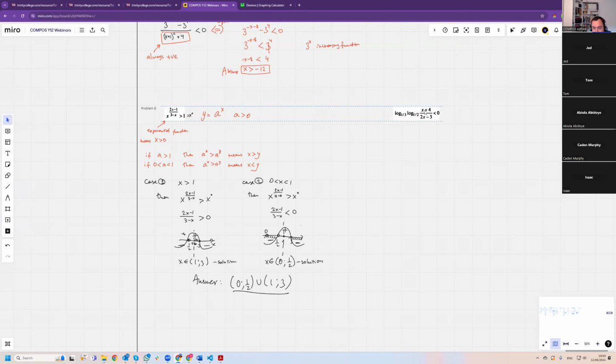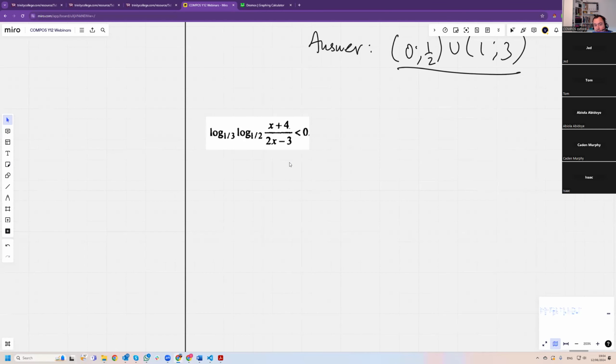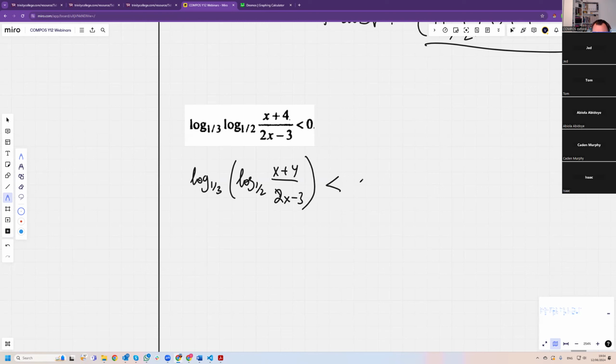The last one. So for logs, it's the same logic because it's log 1/3 and 0. So this is going to be log 1/3 of log 1/2 of (x plus 4) over (2x minus 3), and it's going to be less than log 1/3 of 1, right?